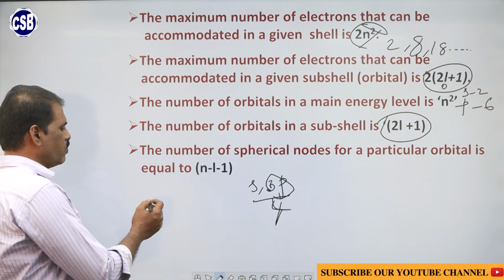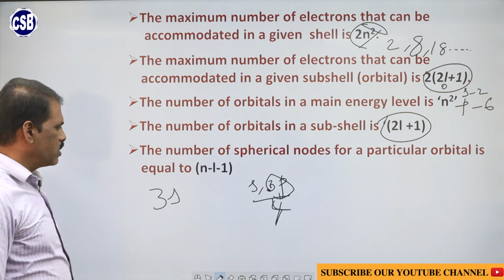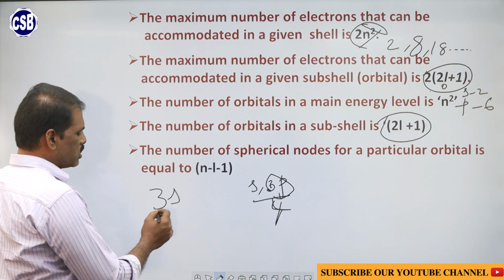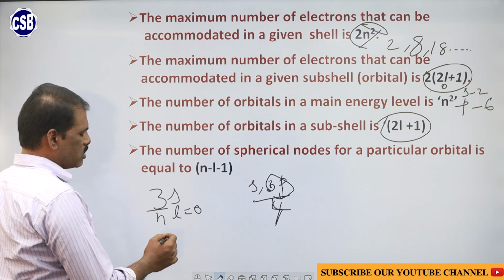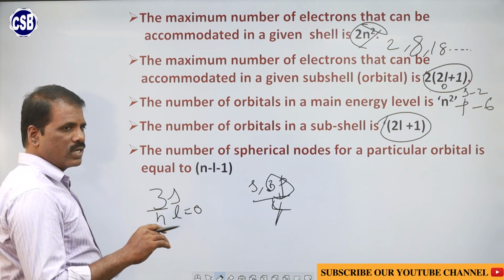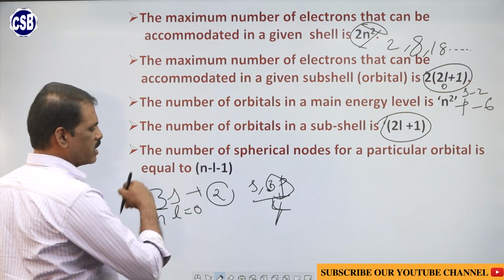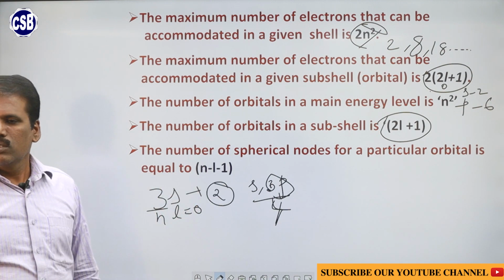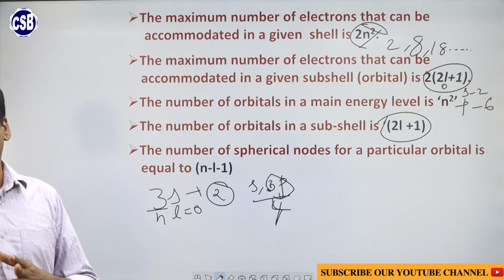For example, if you take the 3s orbital, the n value is 3 and the l value for s orbital is 0. So n minus l minus 1 is 3 minus 0 minus 1, which is 2. So there should be 2 nodes for the 3s orbital. So we can calculate the number of spherical nodes for a given orbital.